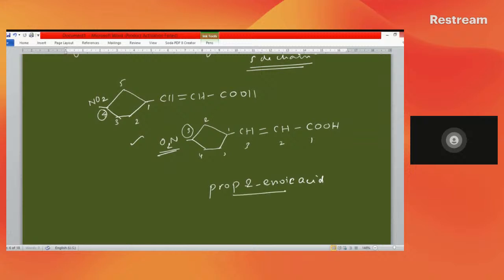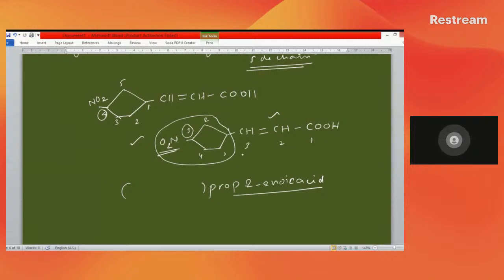The double bond is present at the second position, and it's a carboxylic acid. Now the ring is the side chain, or the ring is treated as a branch. Propanoic acid. The name of the side chain, this ring structure, should be considered a branch.